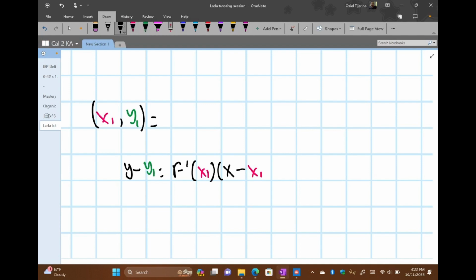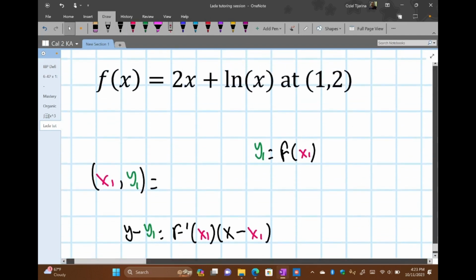Now y1 is f of x1, so I want to make sure that's clear. There's f of x1 and f prime of x1.